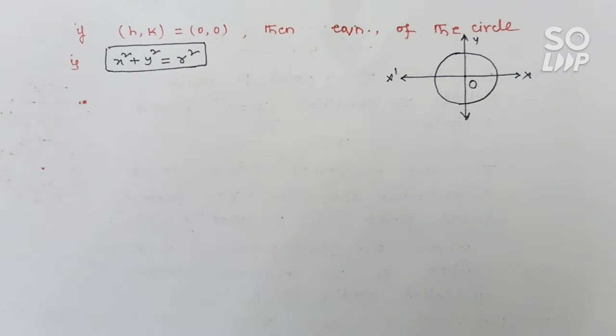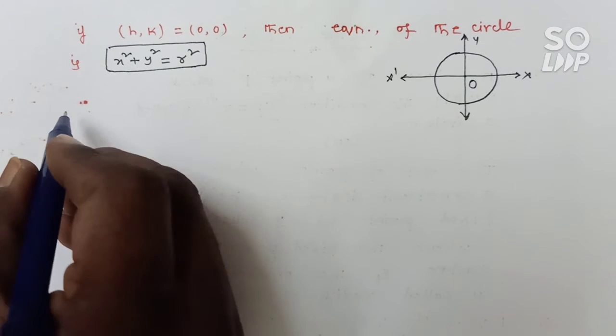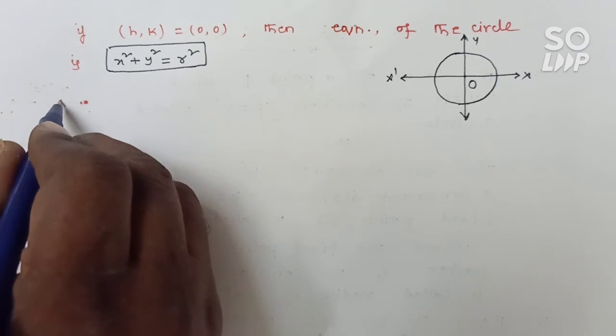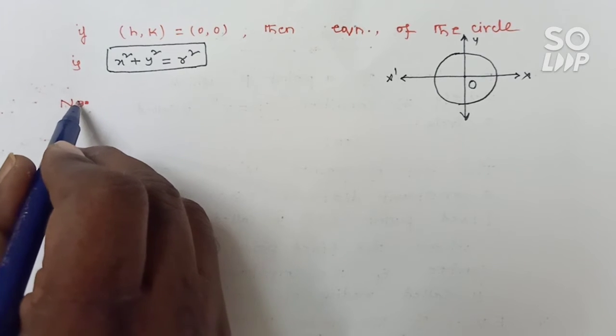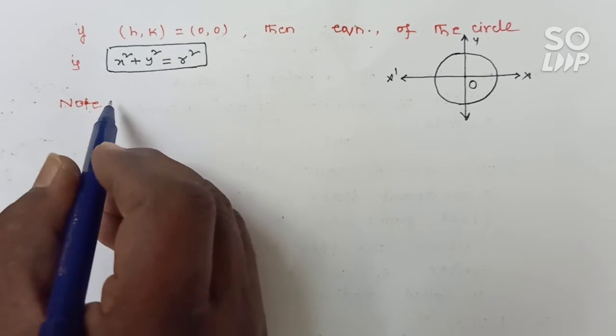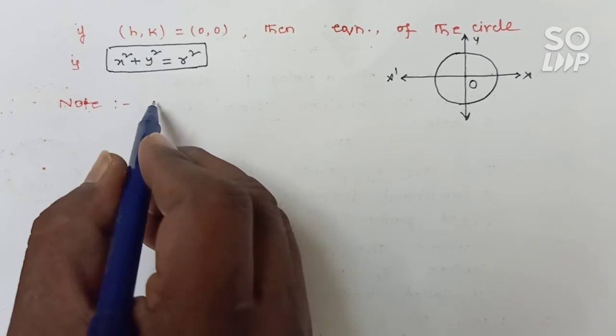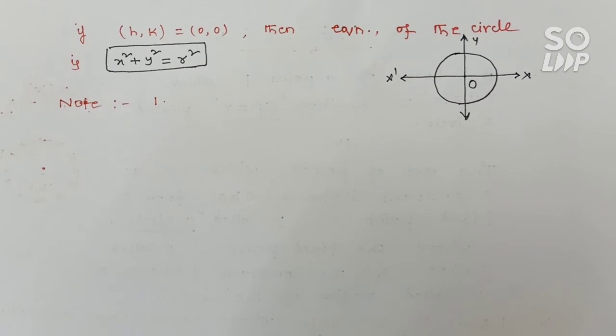Okay, right. Next, in this one, we have some different cases. Look at this, a very, very important thing. Note the first point. If the radius is greater than 0, then the circle is called a real circle.